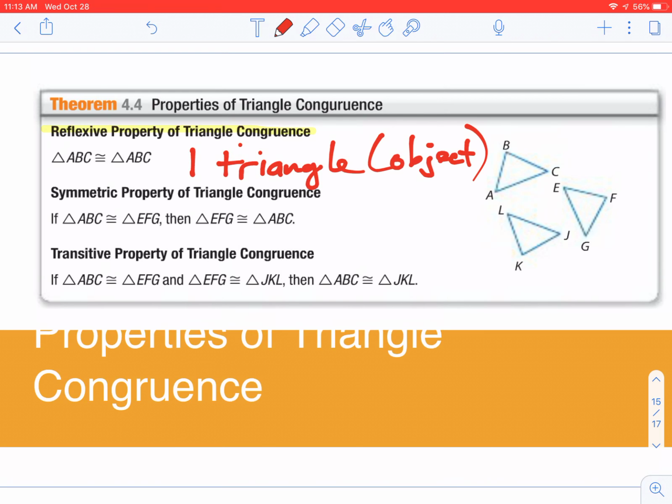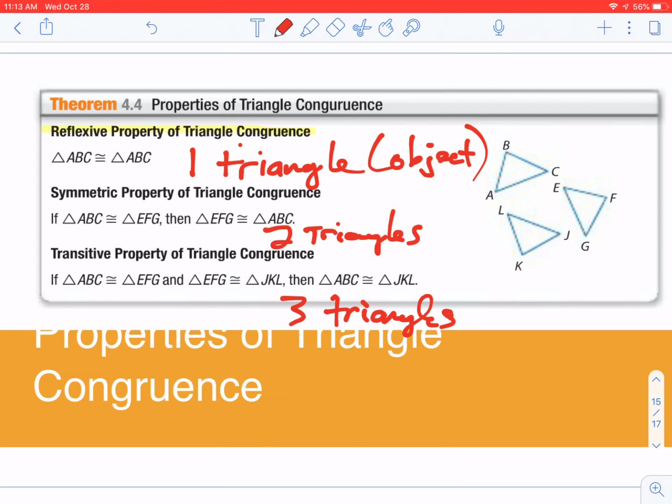Symmetric always deals with two triangles. And it's always flip-flopped. If triangle ABC is congruent to EFG, then EFG is congruent to ABC. Then the last one always will have three different triangles, and that's the transitive.